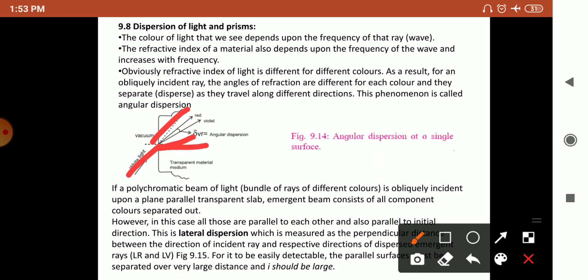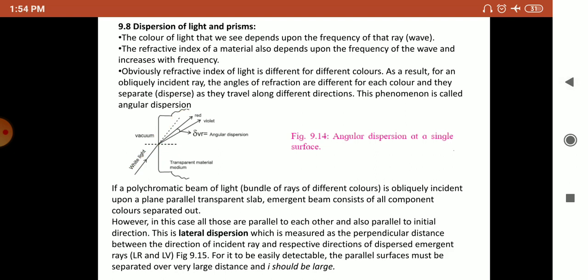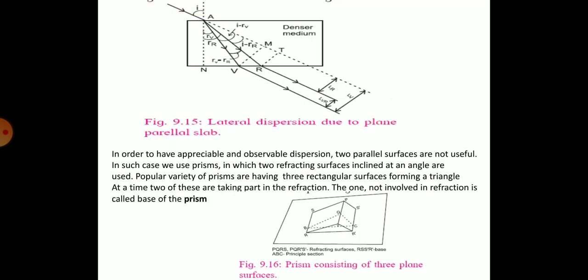If a polychromatic beam of light, which is composed of all different colors, is incident on a plane parallel transparent slab, then the emergent beam consists of component colors separated out.